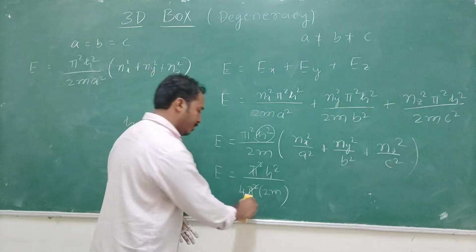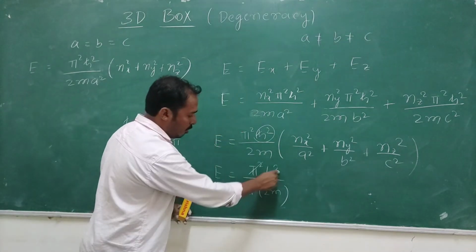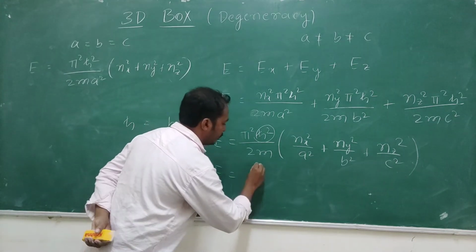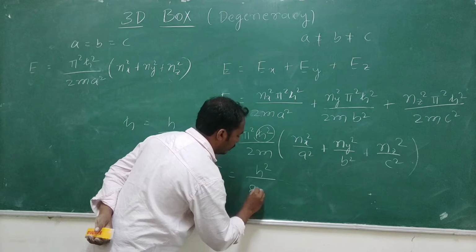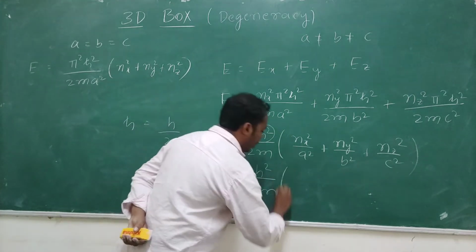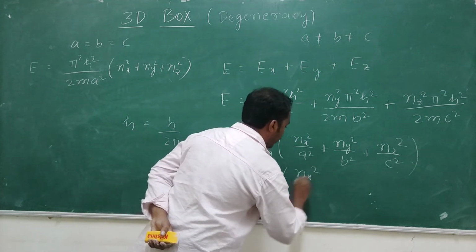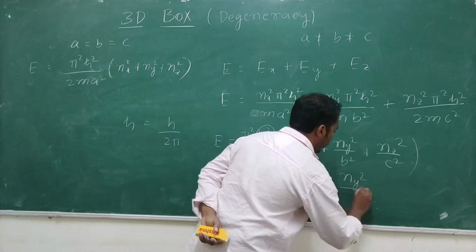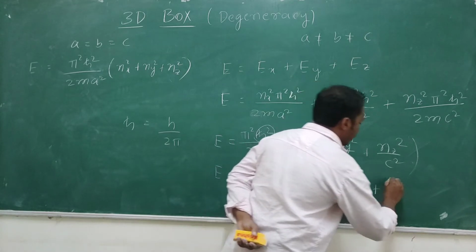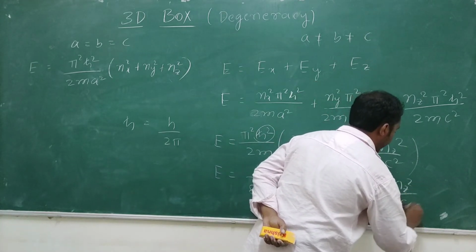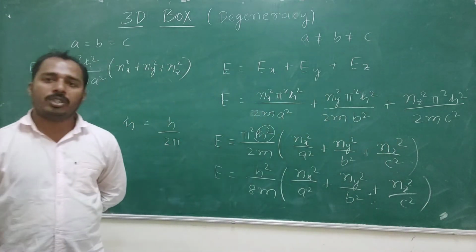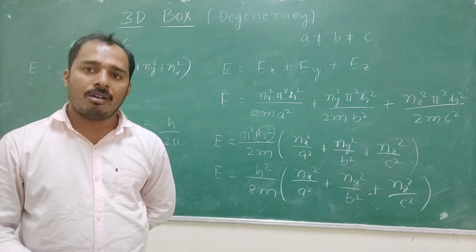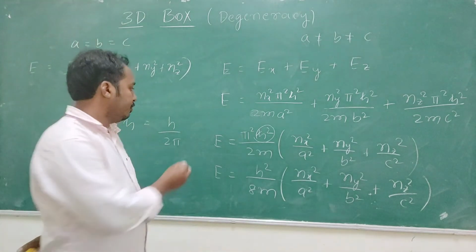We have finally h² divided by 8m into nx² by a² plus ny² by b² plus nz² divided by c². So this is the energy of the particle inside the three-dimensional box when the sides are unequal.